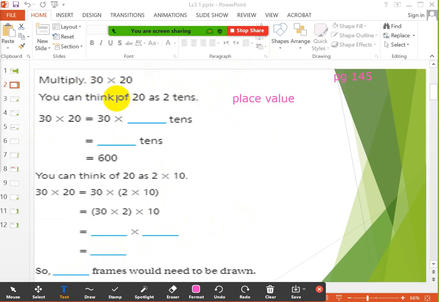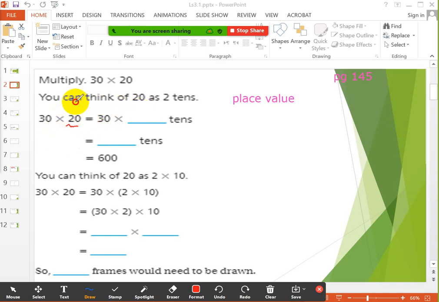30 multiply 20. Now how will I find this answer? Look, if I want to multiply 30 with 20, I will write the value of this number. This is 20. That means the value of this number is 2 tenths, right?